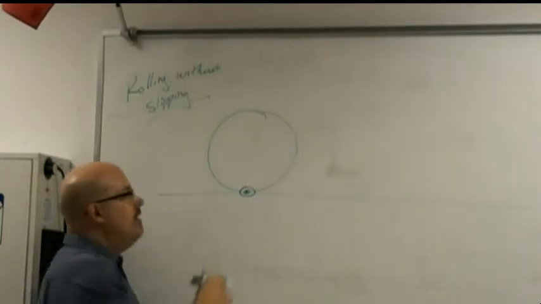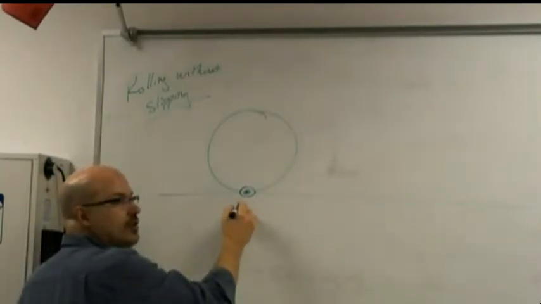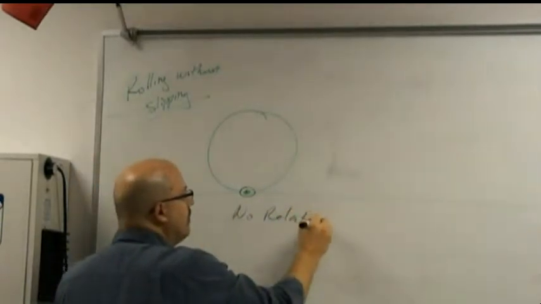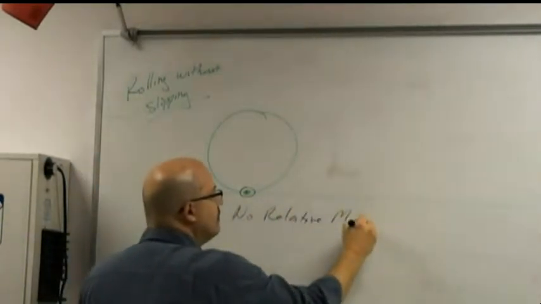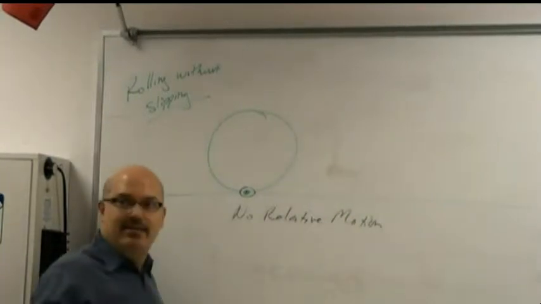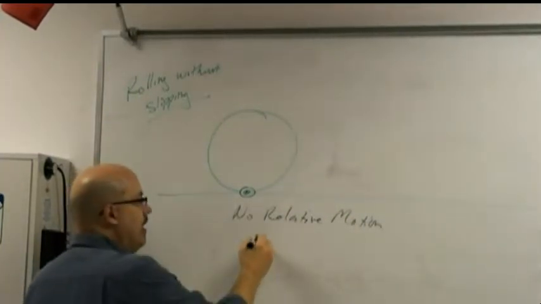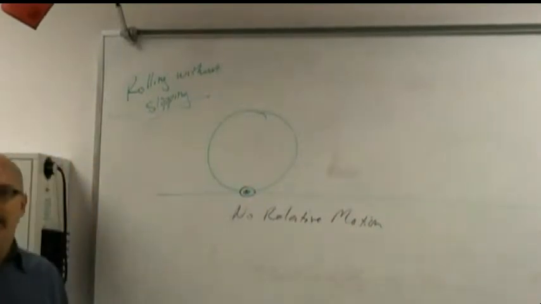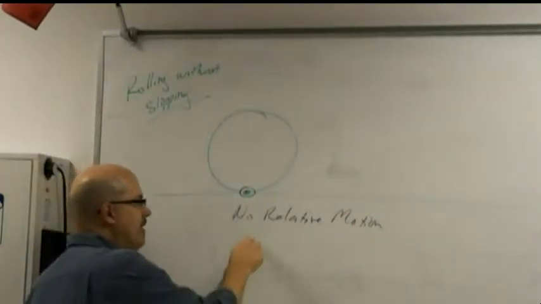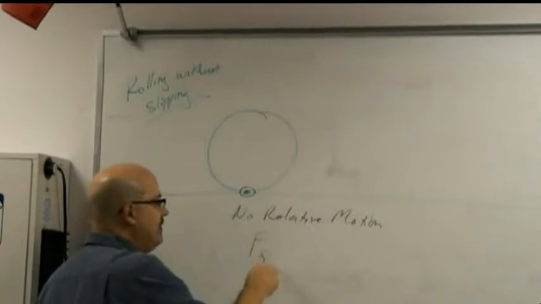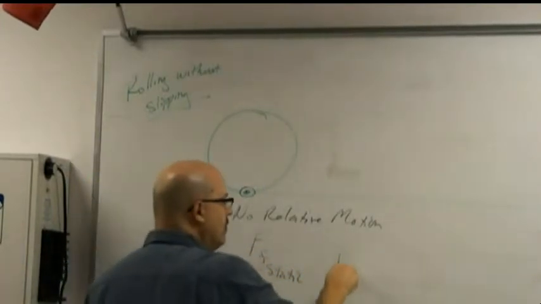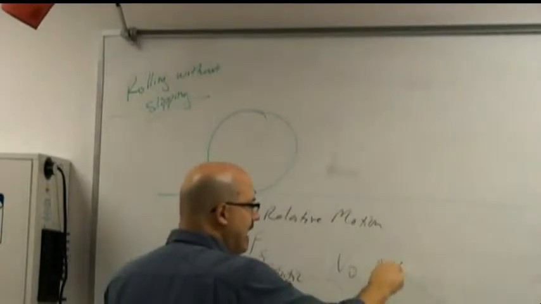The other thing that's important is, since there's no relative motion, what kind of friction do we have at that point? Static. Yes, our friction is static. That means no delta x.